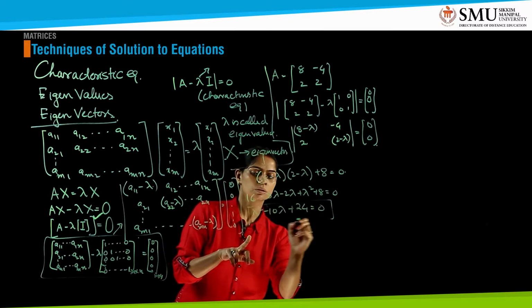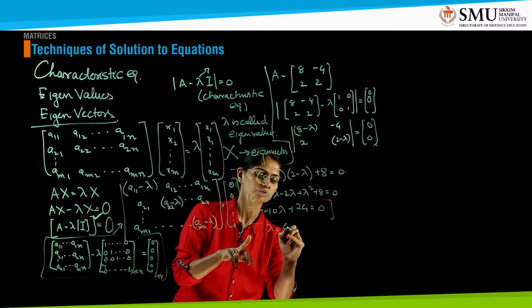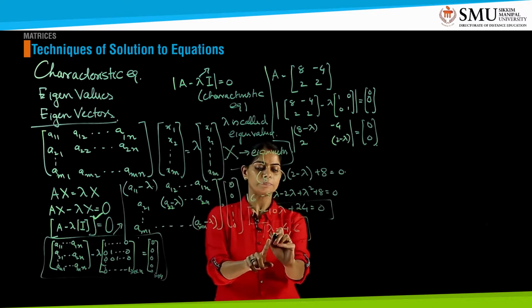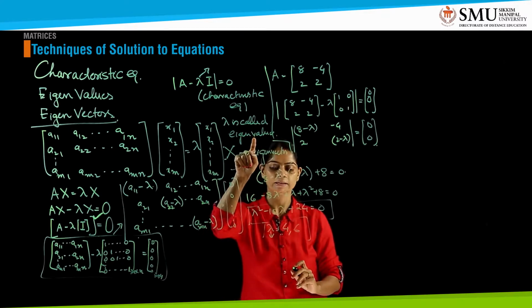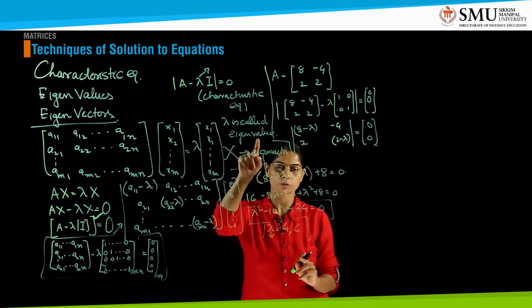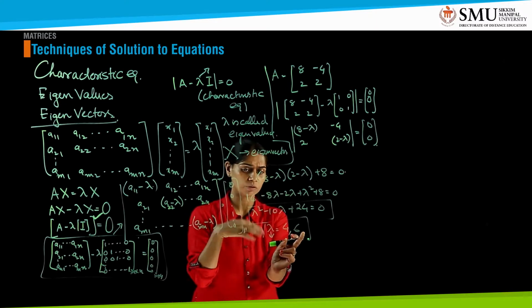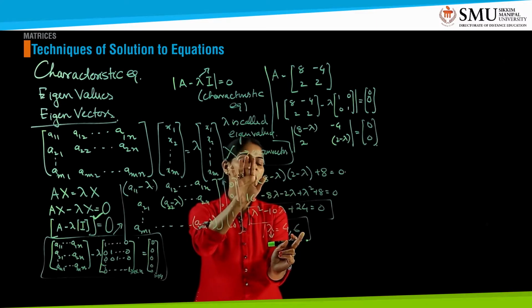When you solve this equation, you will find that lambda equals 4 or 6. These values of lambda are called the eigenvalues of this characteristic equation. Corresponding to these two values, we will get two eigenvectors.